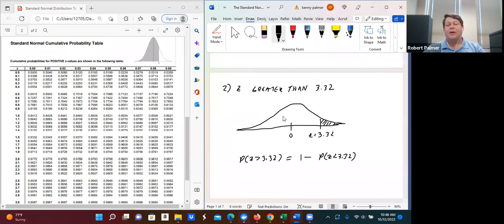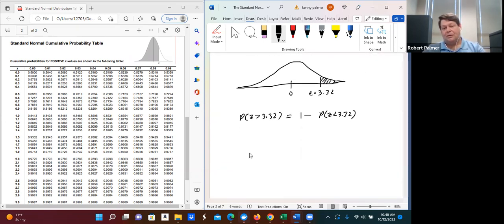What the table gives us are values to the left. Remember, the area under the entire curve is 1. So if we subtract the filled-in area from 1, that's going to give us this little bit that's left over. And so if we do that, we find that from the table.